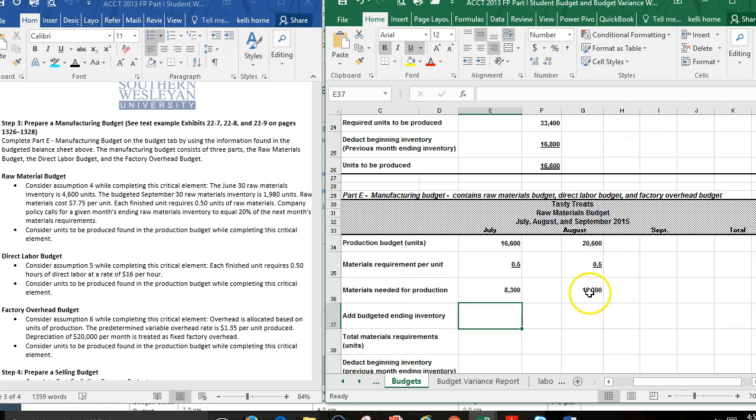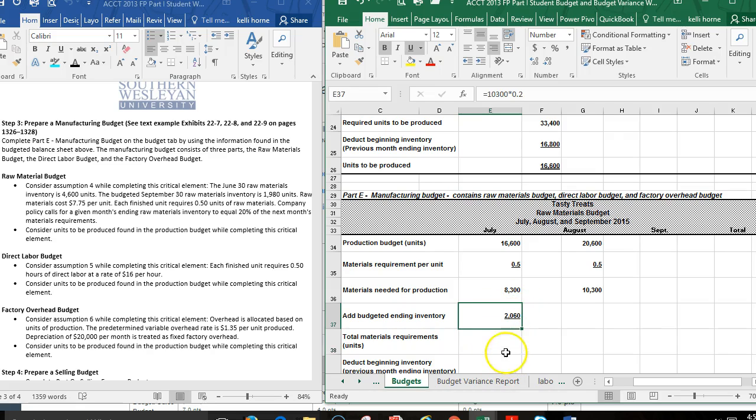So I'm telling you the next month's materials is 10,300, and we want it to be 20% of that. So I'm going to put in a formula here that calculates 10,300 times 20%. And I see that my budgeted ending inventory for July needs to be 2,060.